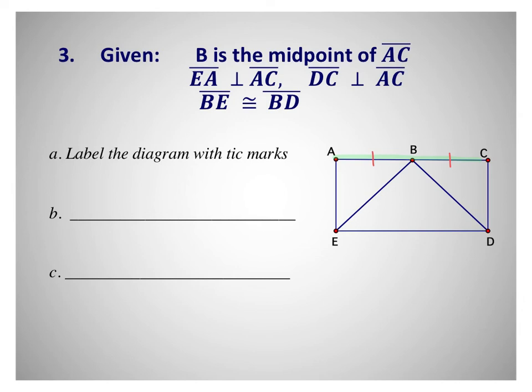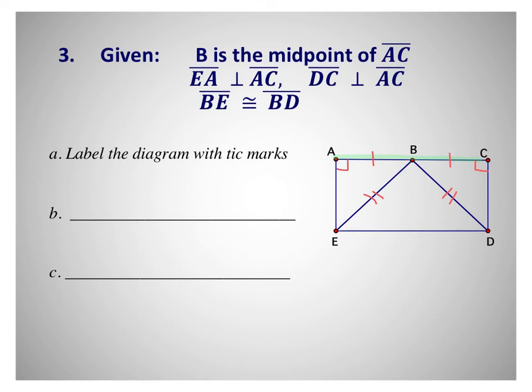If I know that two segments are perpendicular, that means they intersect to form 90-degree angles. So EA being perpendicular to AC gives me a right angle in the top left corner, and then DC is perpendicular to AC, so that gives me a right angle at C. And the last piece of information they gave me is that segment BE is congruent to BD. And there we have it.